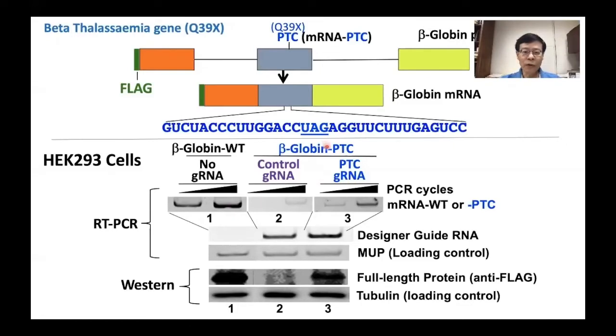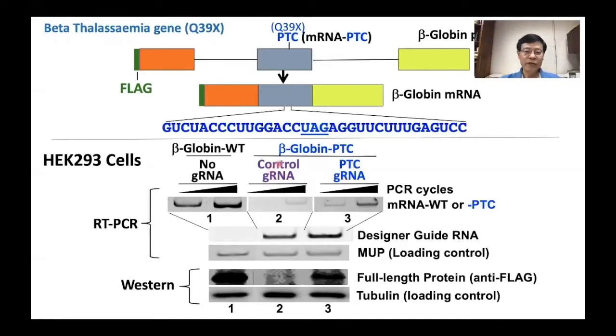Now, we also transfected cells with the PTC containing beta-globin gene, or thalassemia gene, then co-transfected with either control guide RNA or PTC specific guide RNA.